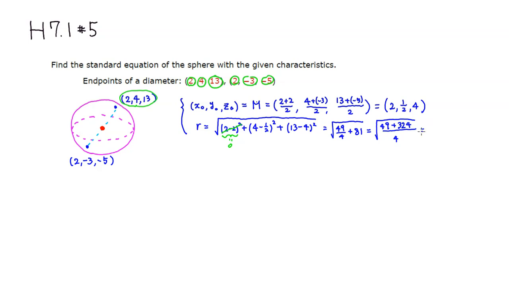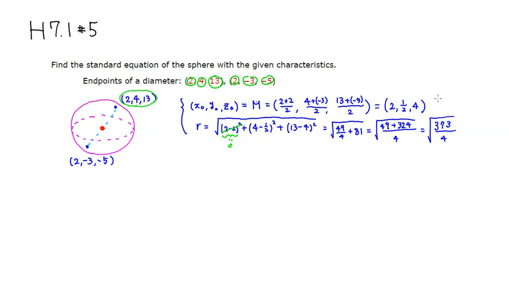I'm going to leave the square root as it is on purpose, because we don't really need to simplify it. So 49 plus 324 is 373, so the radius squared is 373 over 4.